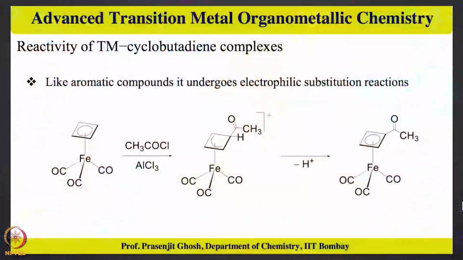Now having attained aromatic structure, the cyclobutadiene ligand also behaves like an aromatic compound. For example, it can exhibit electrophilic substitution reactions similar to those observed in other aromatic compounds, for example in benzene. So now we are going to look at some interesting reactions exhibited by transition metal cyclobutadiene complexes as a part of their reactivity study.